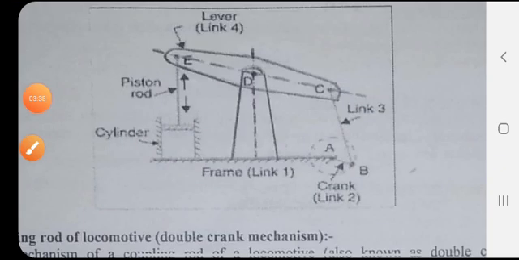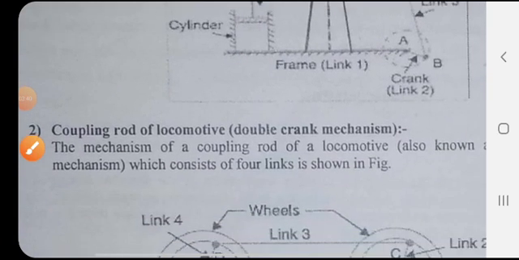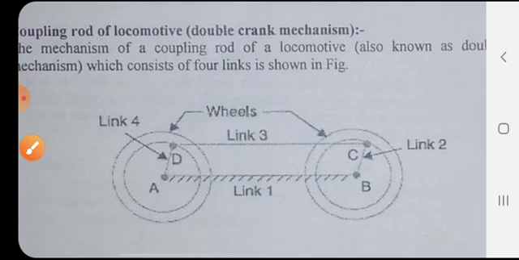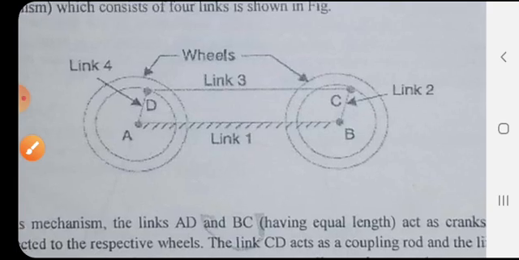Let us discuss the next one, the coupling rod of a locomotive. It may also be called a double crank mechanism. You can observe the diagram.